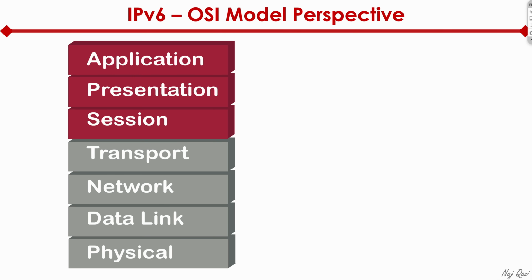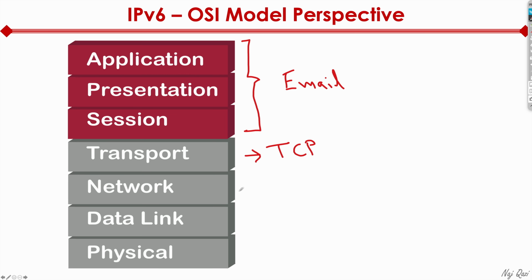Now let's look at IPv6 from the OSI model perspective, and there's a very important point that I want to hit on for you to understand the role of IPv6. What we have is an application, for example, an email that I want to send from my machine. That email will use TCP at layer 4, or the transport layer.